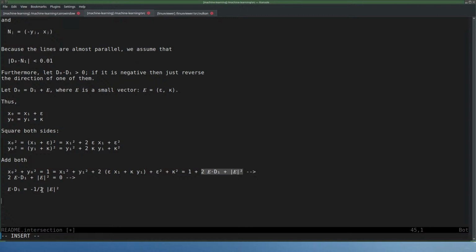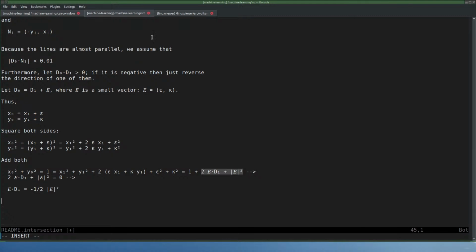I think working with the length of these should probably be enough. There's no reason to really separate it into epsilon and kappa, because it's a coordinate system independent problem.